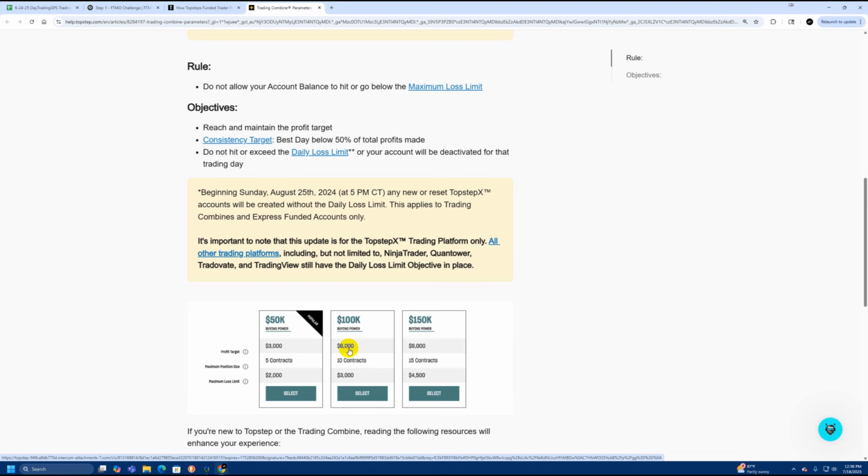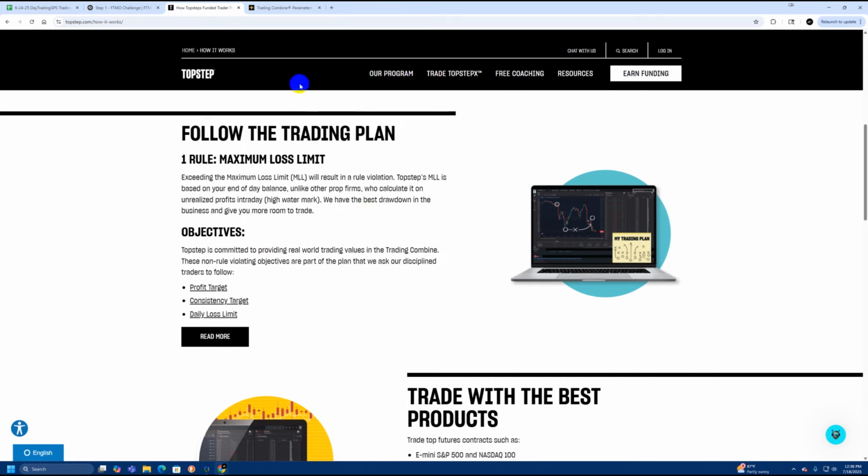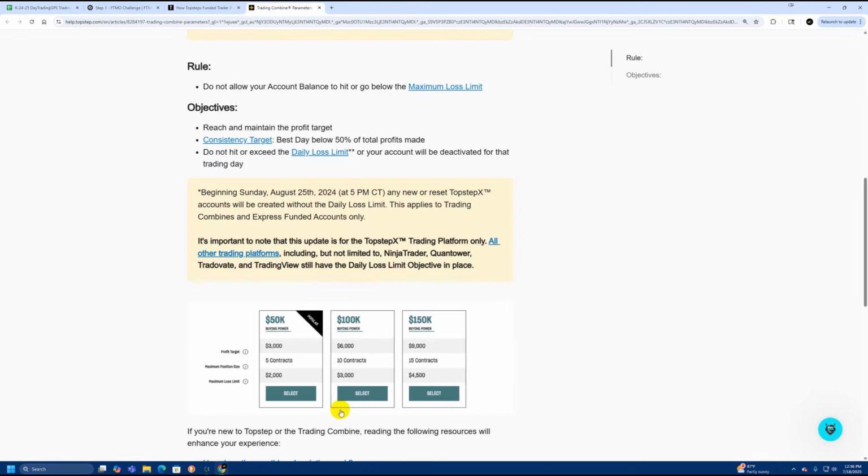So here we have a profit target of 6, but unlike FTMO, where the profit target and the maximum loss limit were the same on each one, if you go back here, profit target, maximum loss, see, it's the same on each one. Here with TopStep, the maximum loss limit is half, at least on these two here.